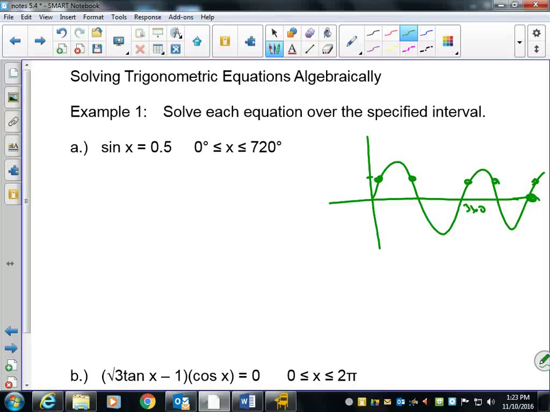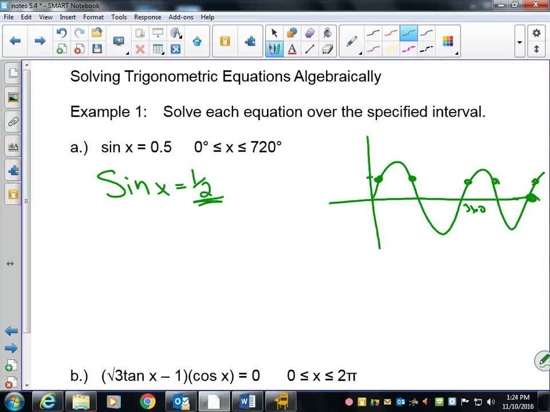So where is sine theta or sine x is equal to 0.5? What's 0.5? 1/2, right? Now, we know by using our unit circle, that's 30 degrees, or using our table that we solved, that's 30 degrees.